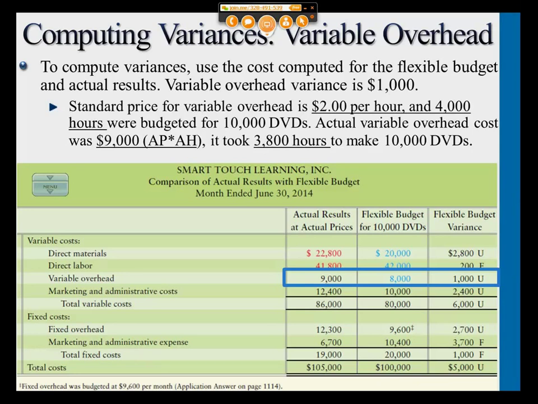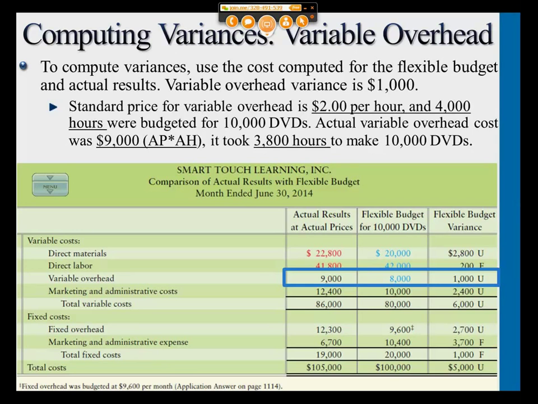Now we're computing variances for the variable overhead. What's given to us? We have a standard price for variable overhead, which is $2 per hour, and 4,000 hours that were budgeted for 10,000 DVDs. You've seen this information on the previous slides. The actual variable overhead cost was 9,000.